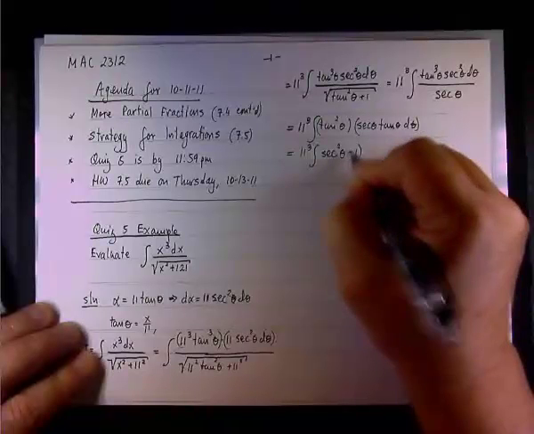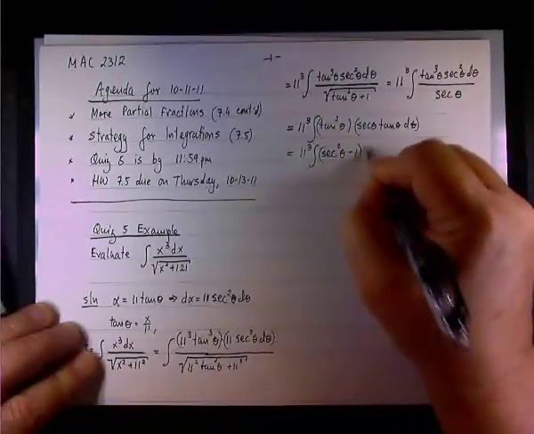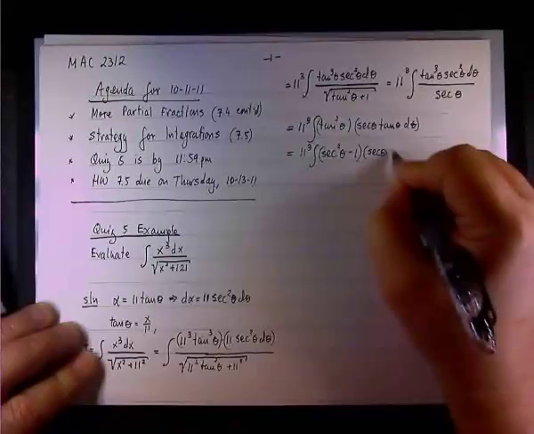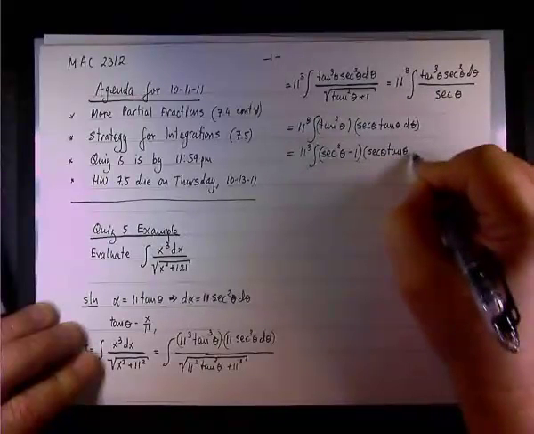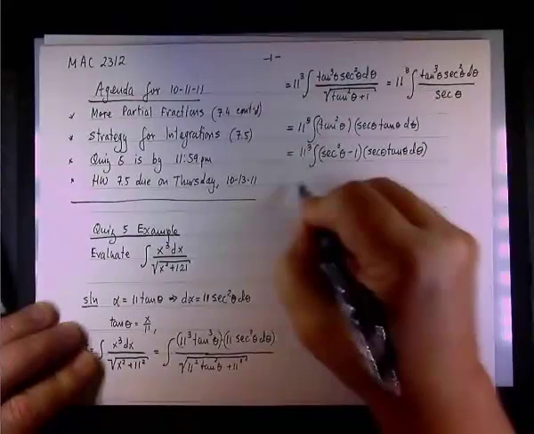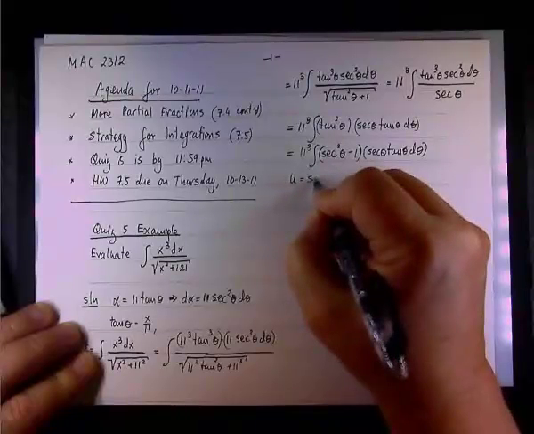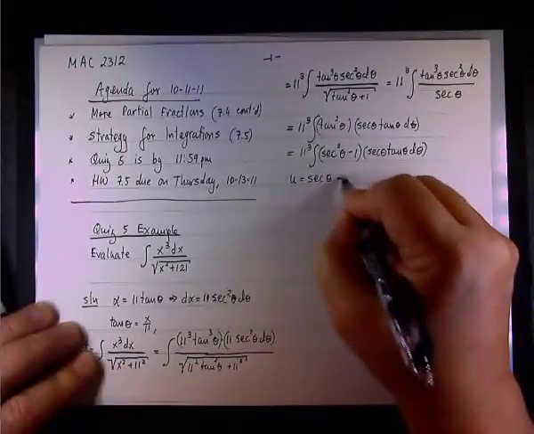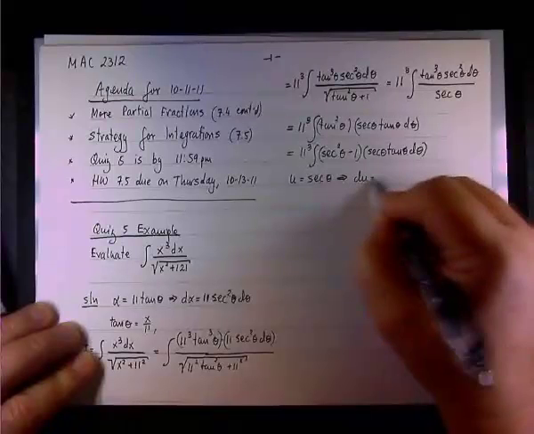So we have 11 cubed, and instead of the tangent squared, we'll substitute the secant squared minus 1. And here we have the secant tangent combination, d theta.